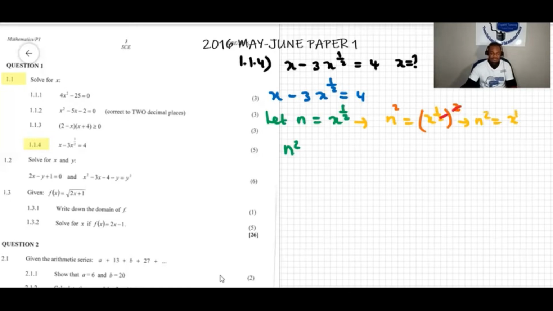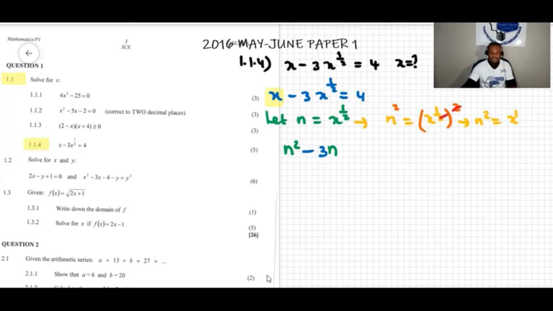Okay, so now because over here we have x, it means x can just be written as n squared. So over here I have n squared, so it'll be n squared minus 3n, because we set n equal to x to the power of half, equal to 4.